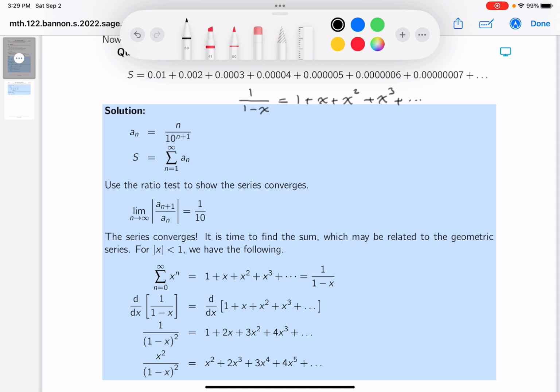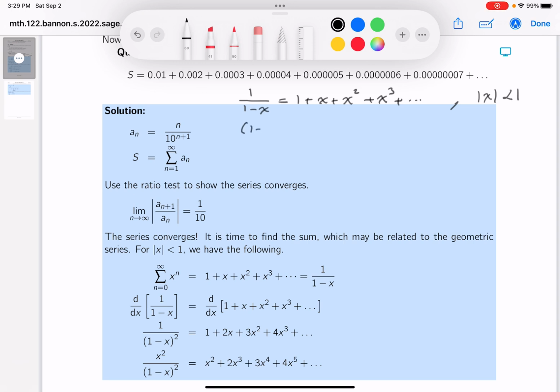Now, this is certainly a convergent series where the absolute value of x is less than 1, a proper fraction. Of course, if it's 0, that's fine too, but anything between 1 and minus 1. Looking at it, I still don't really see what I'm expecting to see. So what I'm going to do is differentiate it, because then at least I think I'm going to see those numbers like 1, 2, 3, and so forth. So let me write it a little bit differently.